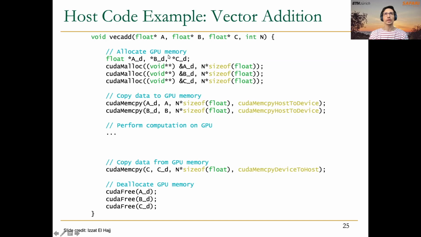And at the very beginning, you see how we declare the pointers to arrays A, B, and C in the global memory of the GPU, and we allocate memory for these 3 pointers using cudaMalloc. In this case, because it's as simple as a vector addition, we allocate the same amount of memory for the 3 arrays.